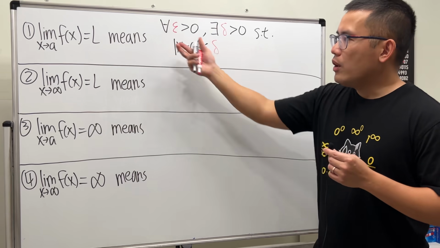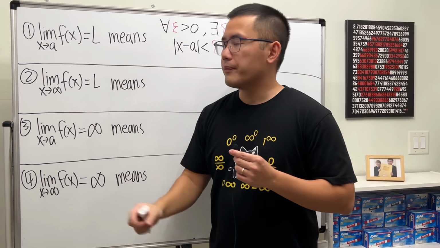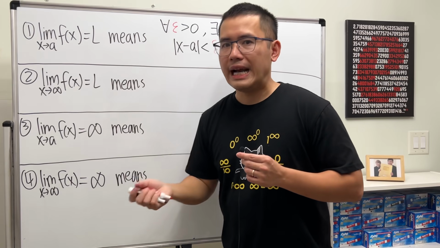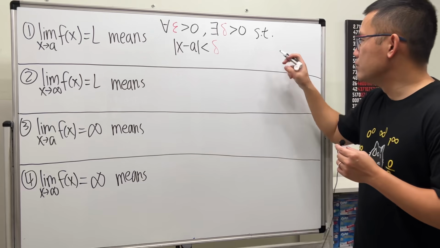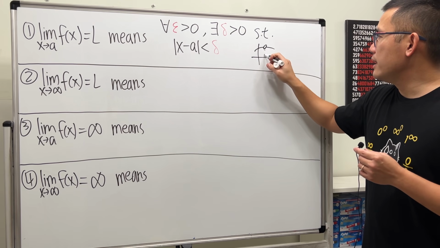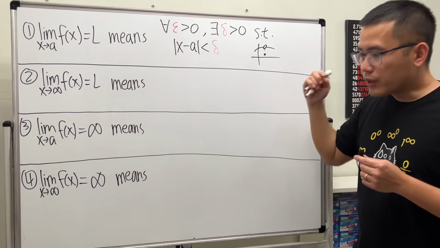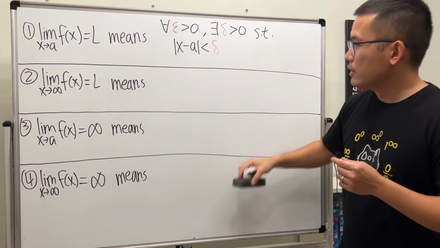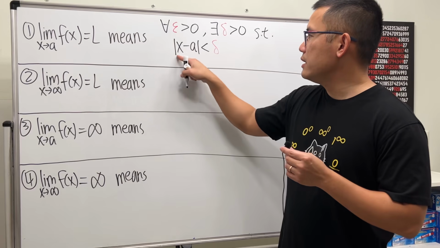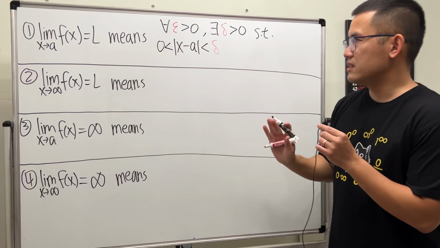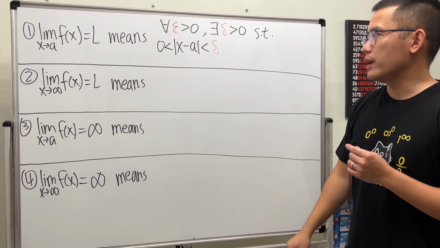However, a little note is that for the limit to exist, we don't care about when x is exactly equal to a. So sometimes you may have a graph like this, but with an open circle, and you still have a limit. We don't care about what happens when x is exactly a. So here we will say this is greater than 0, so we don't worry about x being equal to a.